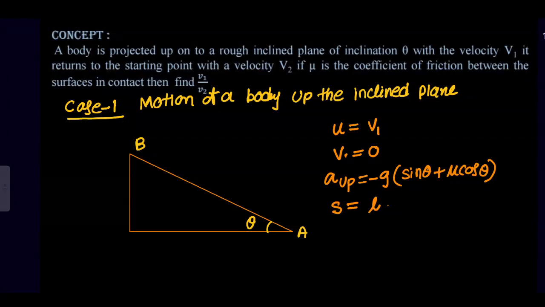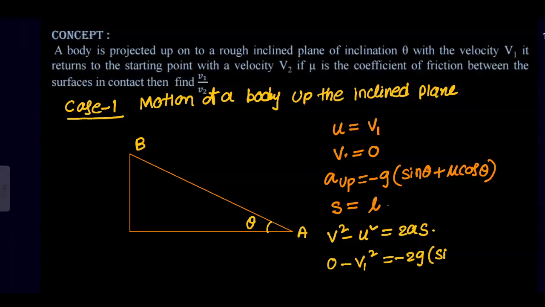So find out the relation now. Which formula do I use? That is v square minus u square equals 2as. Final velocity is 0, initial velocity v1, so v1 square equals minus 2g into (sin theta plus mu cos theta) into L. From this we can get the v1 value.